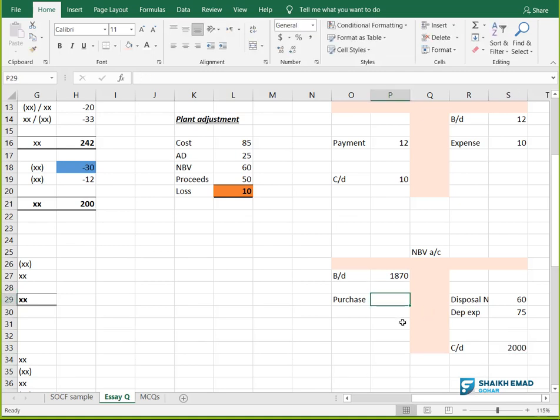So if I need this figure, what shall I do? Tell me how much is this figure. Very nice. 265.